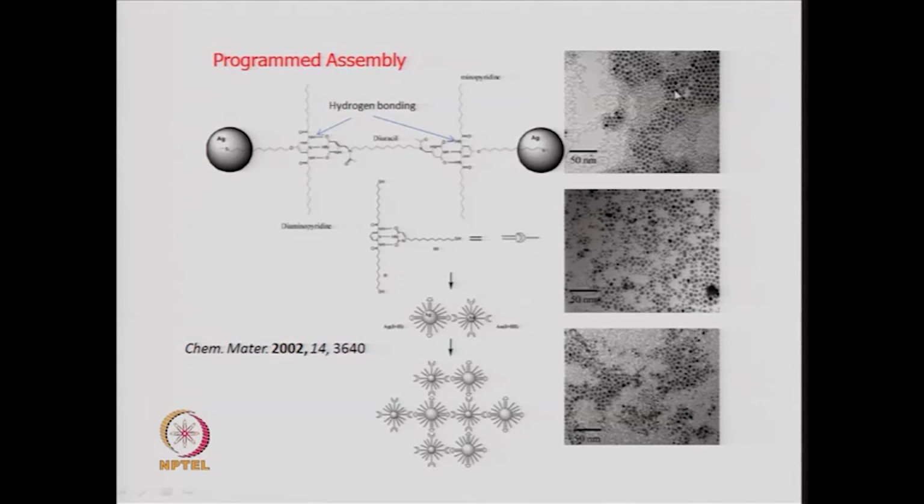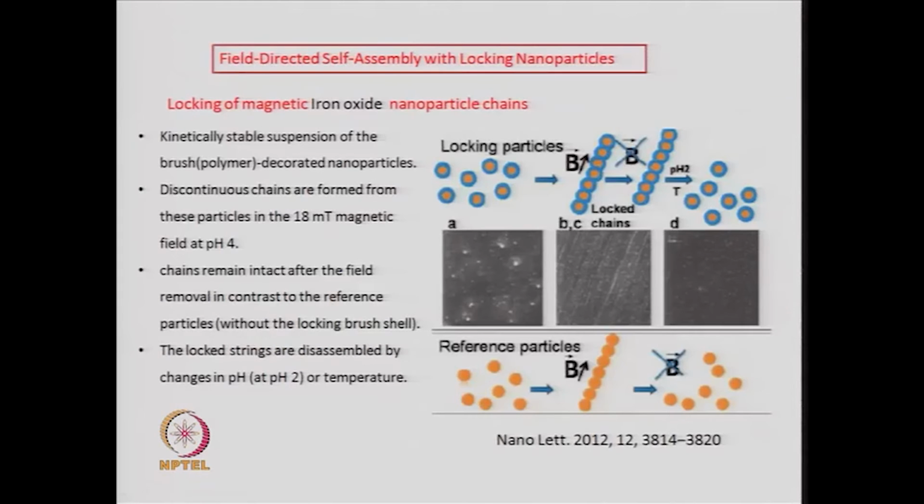And so, it has been programmed to assemble in a particular fashion, and you can see these assembled structures. This is a schematic diagram of these silver particles with this kind of a hook attaching to this. So, these two molecules have been shown with this kind of pictures schematically to make you understand how these silver particles are coming together through these linker molecules. So, this is another case of programmed assembly.